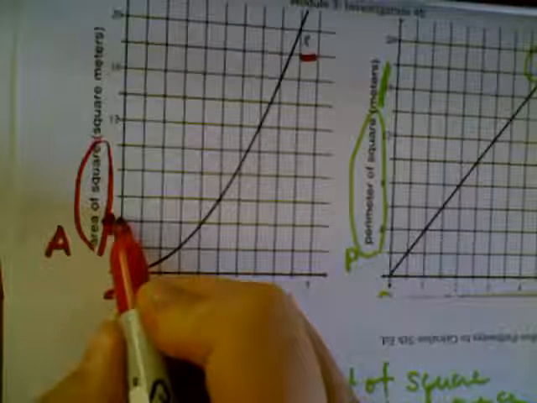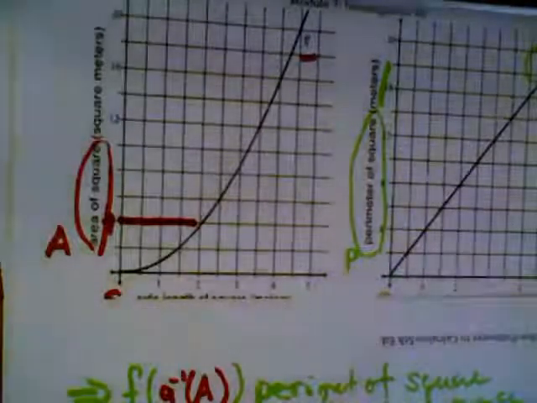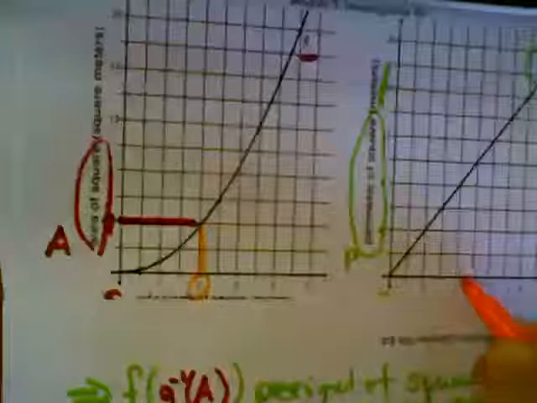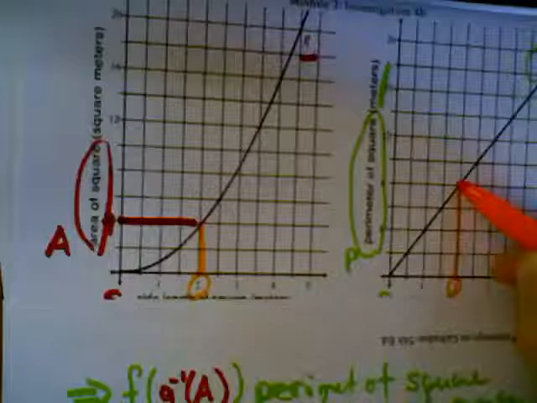Well, let's say we're given an area that's 4. Here's the 4. Given an area with value 4, that would correspond to a side length of 2. And then the side length of 2 would correspond to this point on function f. That would give us a perimeter of 8.